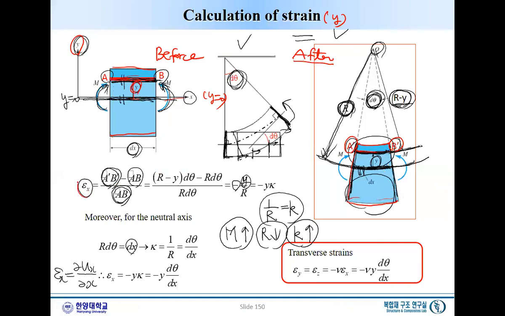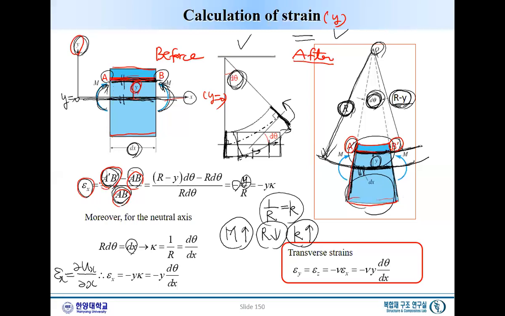By definition, epsilon x is A prime B prime, that's after deformation, minus AB, this line before deformation, divided by the length before deformation. That's the definition of a strain, right?